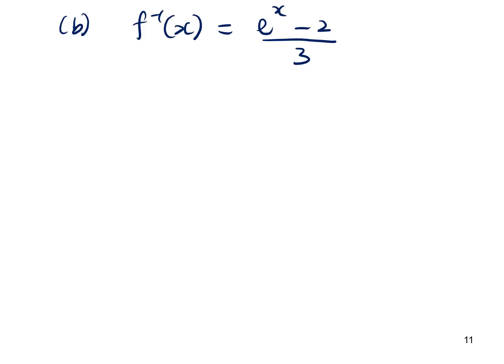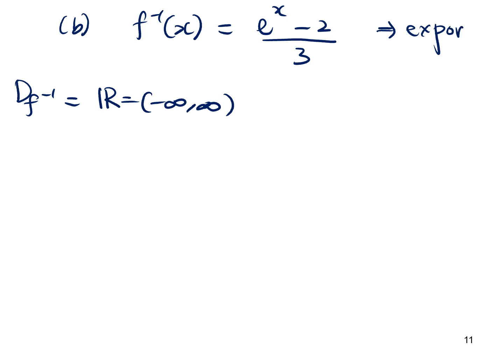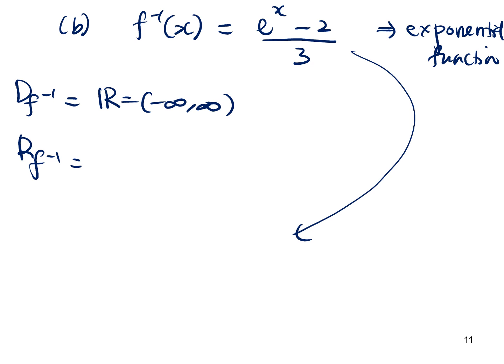Alright, we want to find the domain and range for f and f inverse. So the domain for f inverse is always real numbers, which is negative infinity to infinity, because this is an exponential function. To find the range of f inverse, look at this graph. The function f inverse x can be written as e^x over 3 minus 2 over 3.